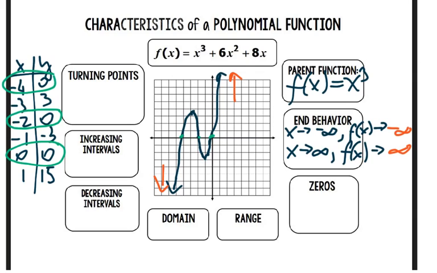Those are my zeros: (-4, 0), (-2, 0), (0, 0). Zeros happen to be when the y value is 0. And since the graph is crossing the x-axis at those points, all of them have multiplicity of 1.